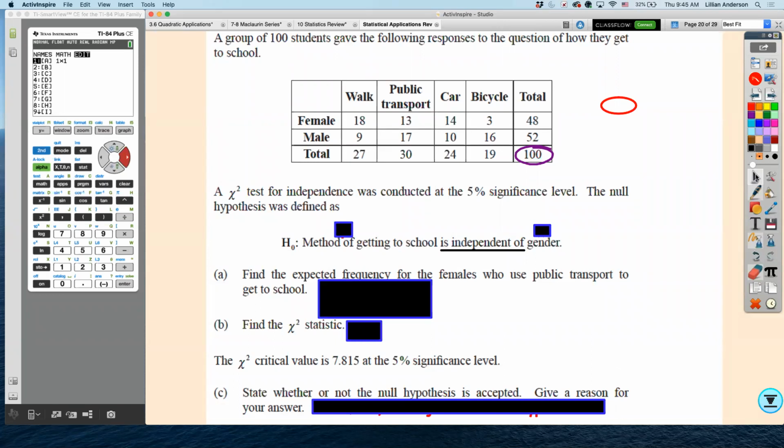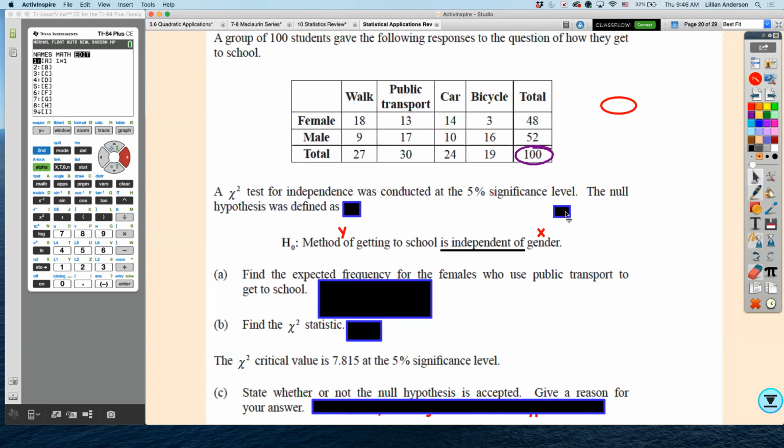The null hypothesis was defined as the method of getting to school is independent of gender. Do you see the structure of your null hypothesis? You need to follow it. And also, your dependent variable is the method of getting to school, and then your independent variable is gender.